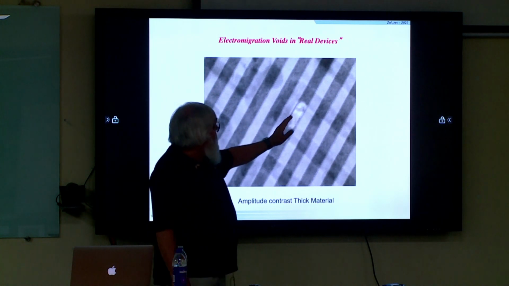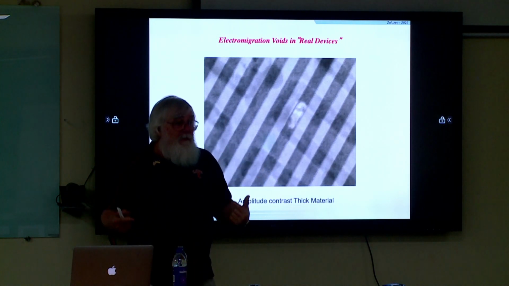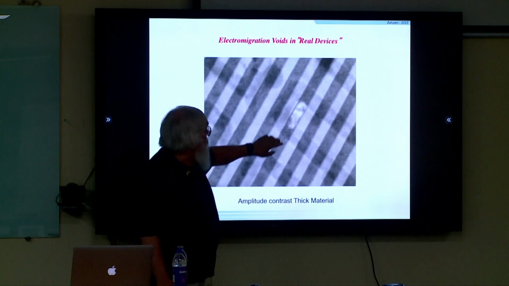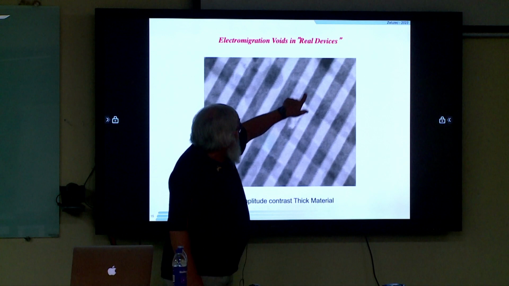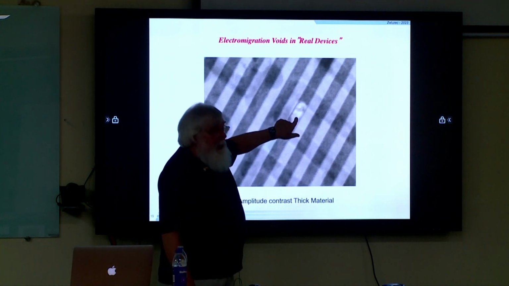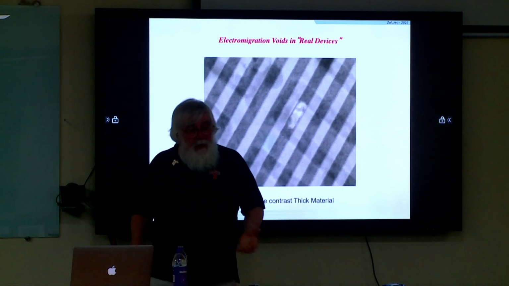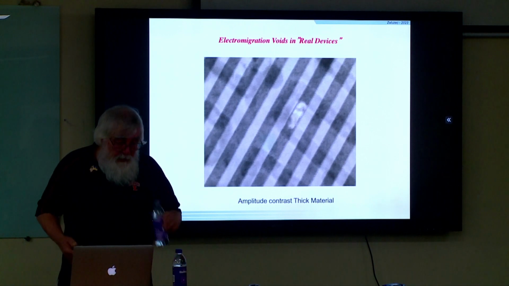In this area, they're running current through the device. We got a void formed. What's a void? It's a hole, it's thinner. So here we have our copper via, and we've got a lighter area because it's thinner. So simple mass contrast, thickness contrast.